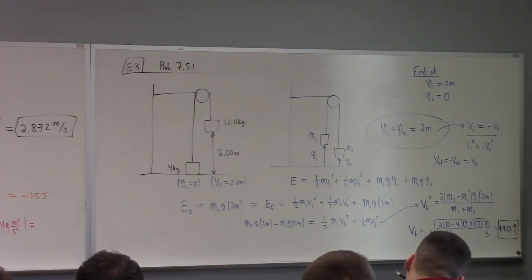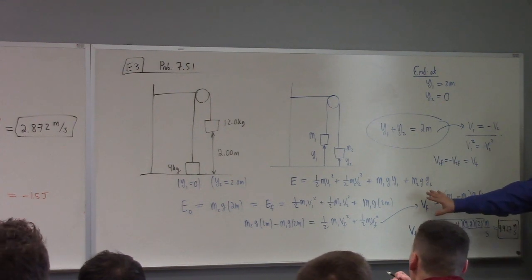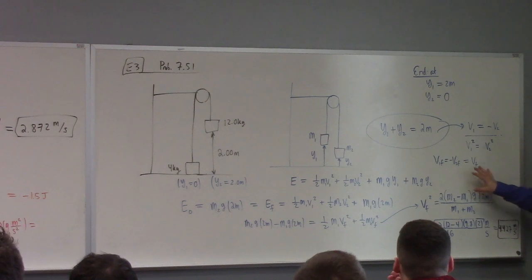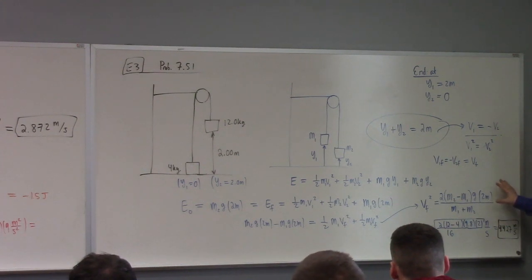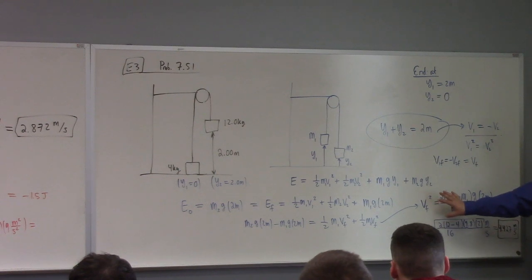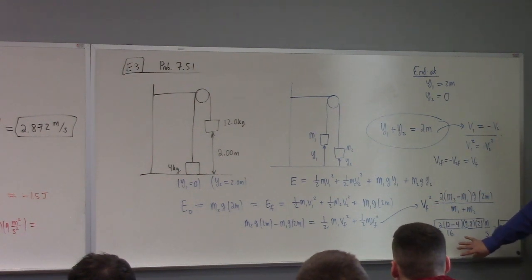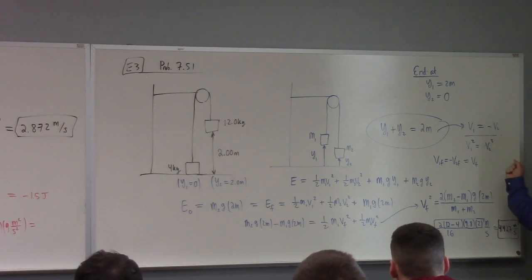It is usually better to work with letters, get to the end, and then put the numbers in at the very end, as opposed to putting the numbers in as soon as you can and then being lost in the digits. It's much easier for me to give partial credit if you make an arithmetic mistake going from here to here, as opposed to somewhere in the midst of equations.